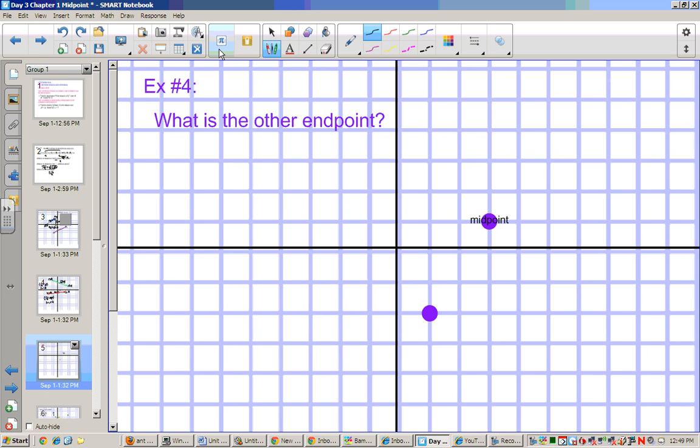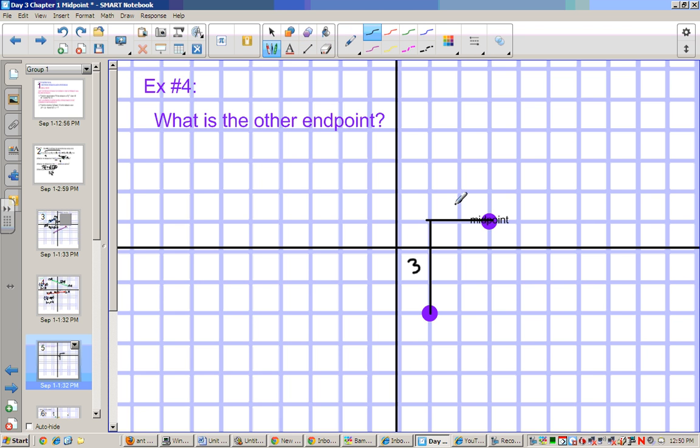All right, now we're going to get to a tricky part. We have a point and a midpoint, and we want to find the other endpoint. So there's a segment, starts here, goes somewhere out here, and we need to figure out what exactly is the other endpoint. So what I like to do here is see how much we go up and how much we go over to get to the midpoint.